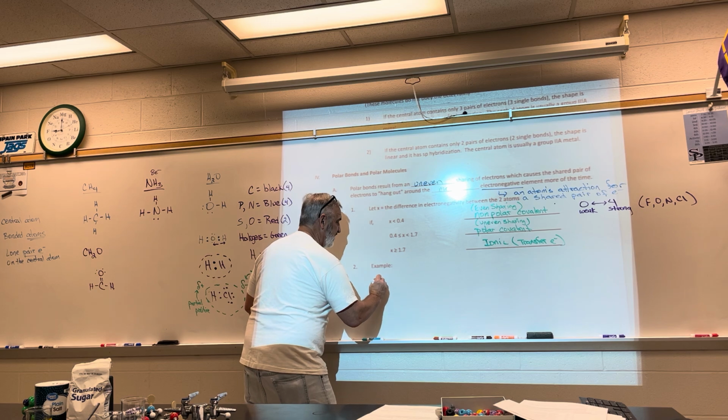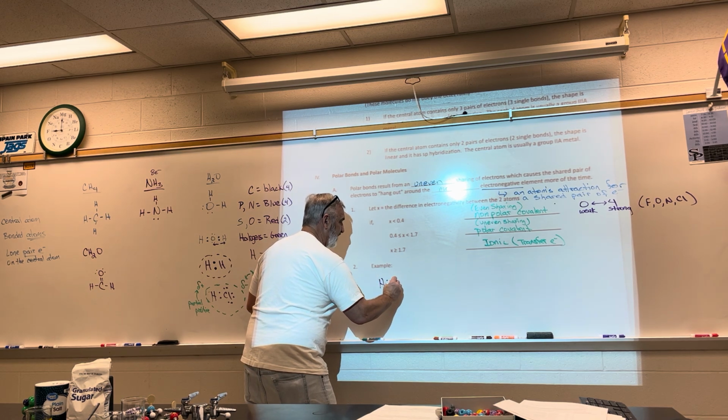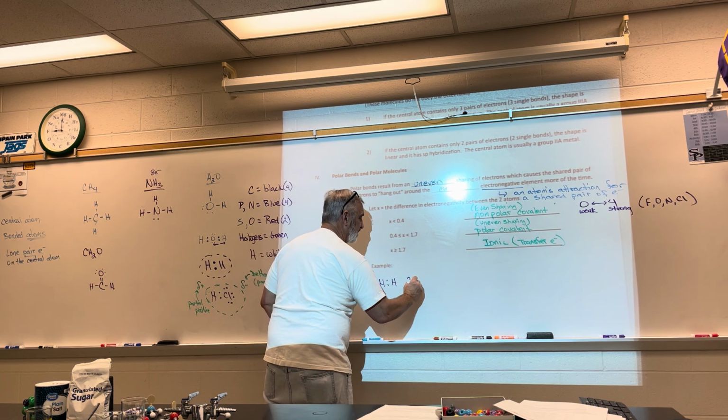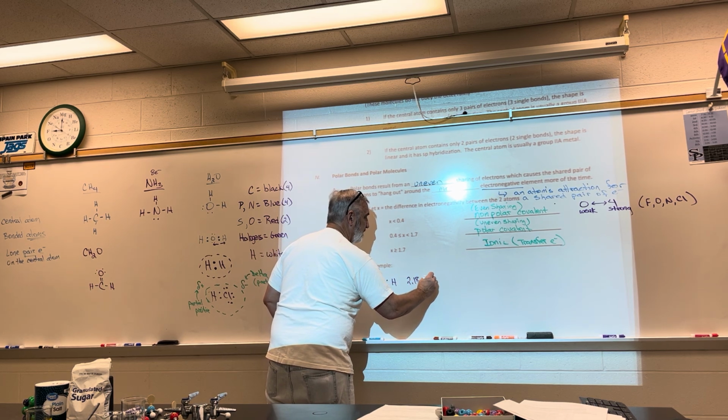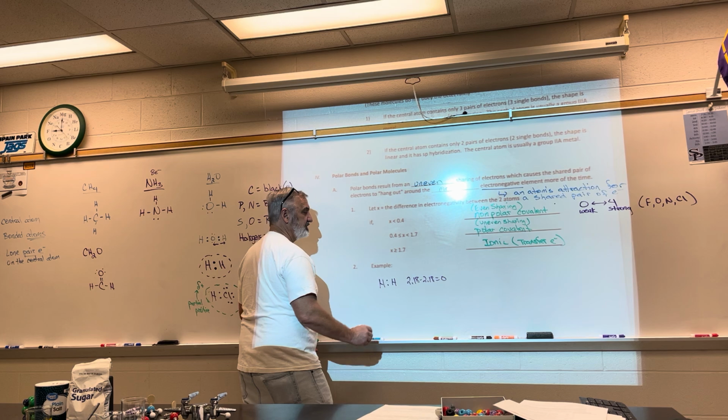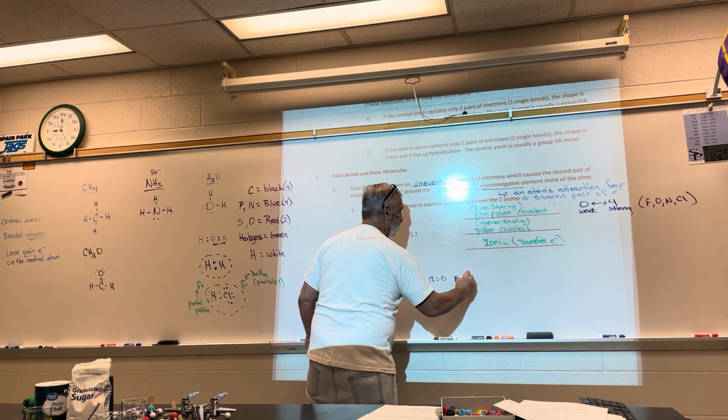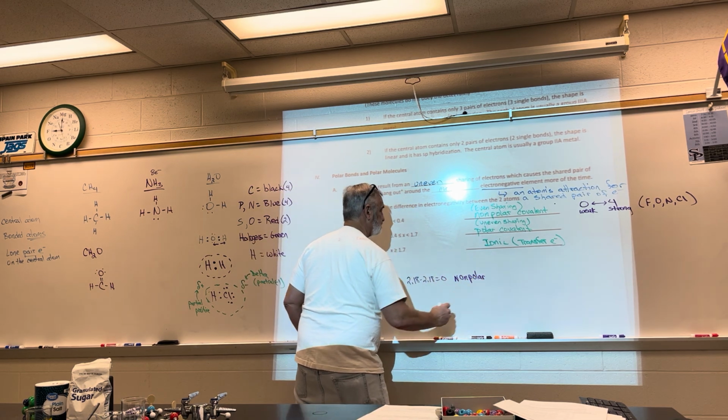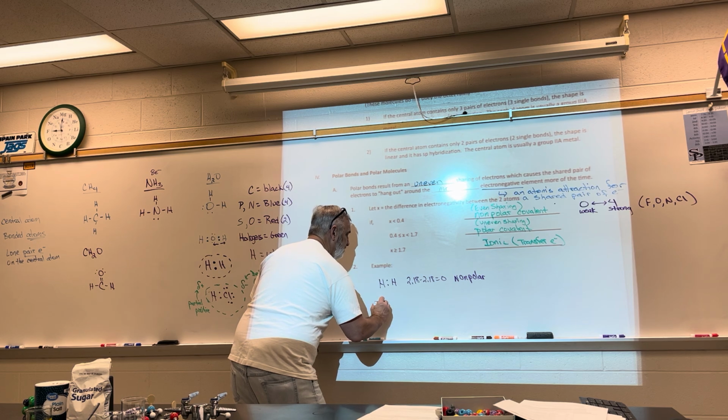I did the examples first, if you want to fill them in. You have hydrogen bonded to hydrogen. The difference in electronegativity is 2.18 minus 2.18, which is equal to 0. It's nonpolar. You have hydrogen bonded to chlorine.